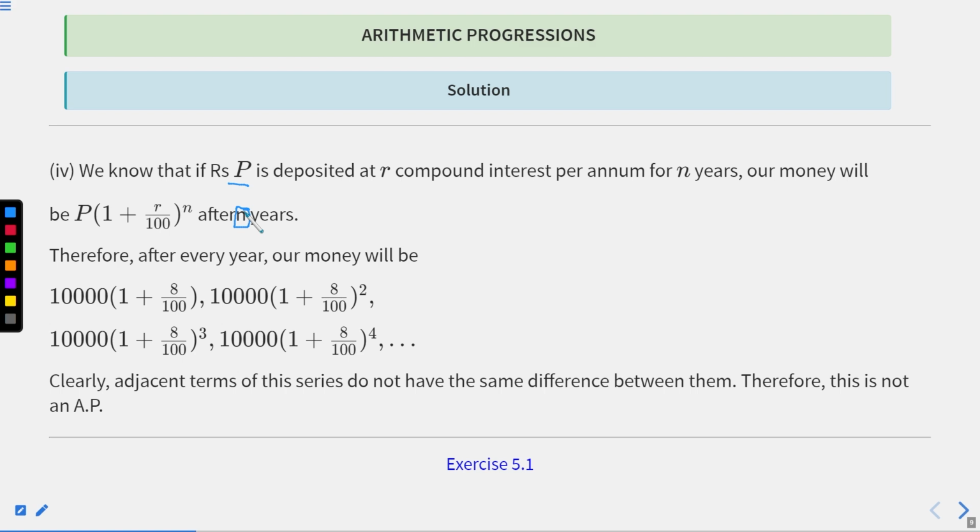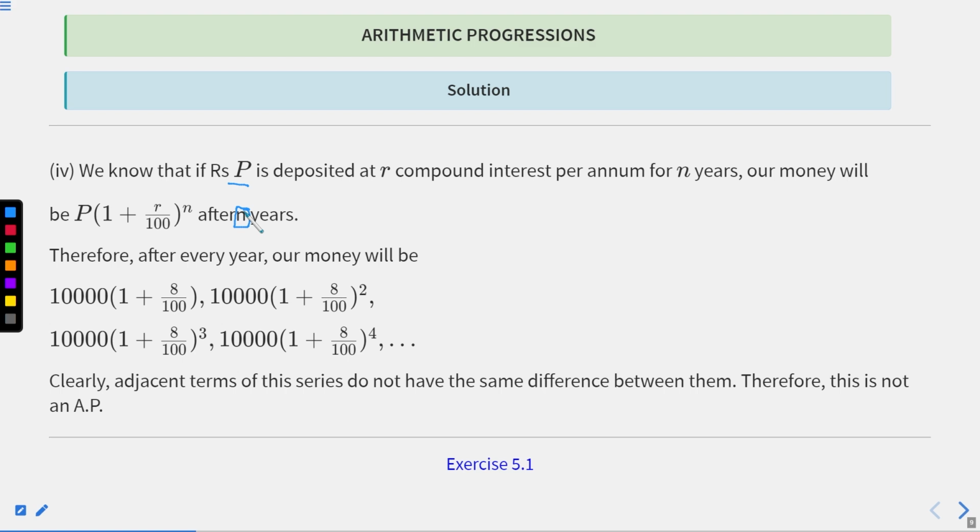Therefore, after every year, our money will be 10,000 times (1 plus 8 by 100). Then in the second year, our money will be 10,000 times (1 plus 8 by 100) whole square. And in the third year, our money will be 10,000 times (1 plus 8 by 100) to the power 3.